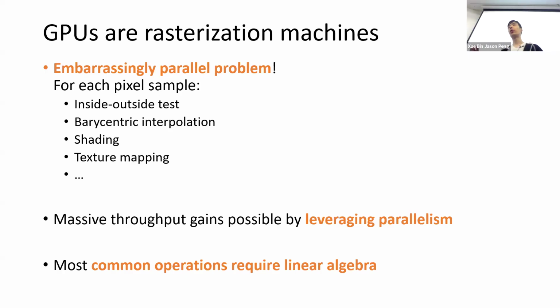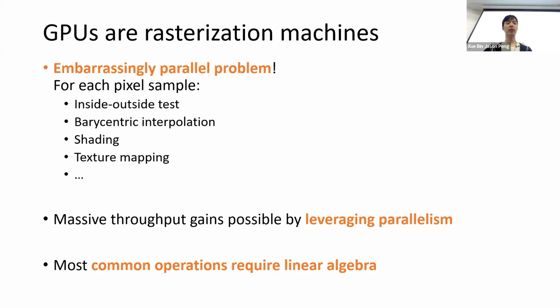So when we are applying transformation matrices to convert objects between different coordinates, when we are evaluating lighting models, when we are performing inside and outside tests for rasterizing triangles, all of these operations are largely linear algebra operations, which means that if we can design special hardware that's specifically dedicated to accelerating linear algebra, then this can automatically allow us to speed up many of the operations that we need to perform when rasterizing an image.